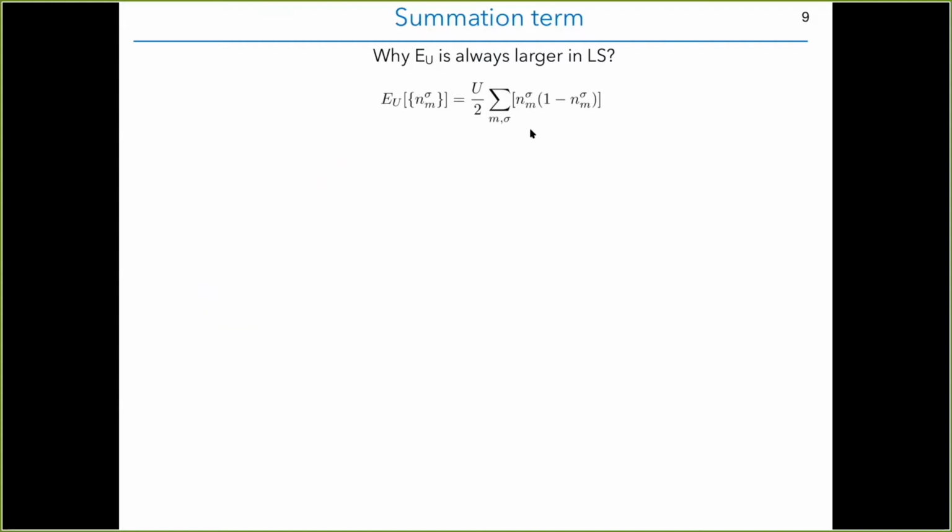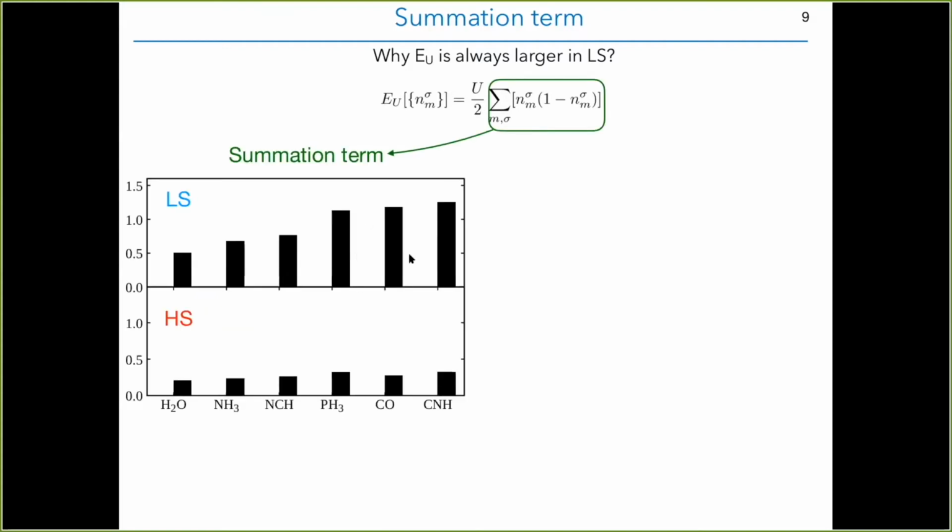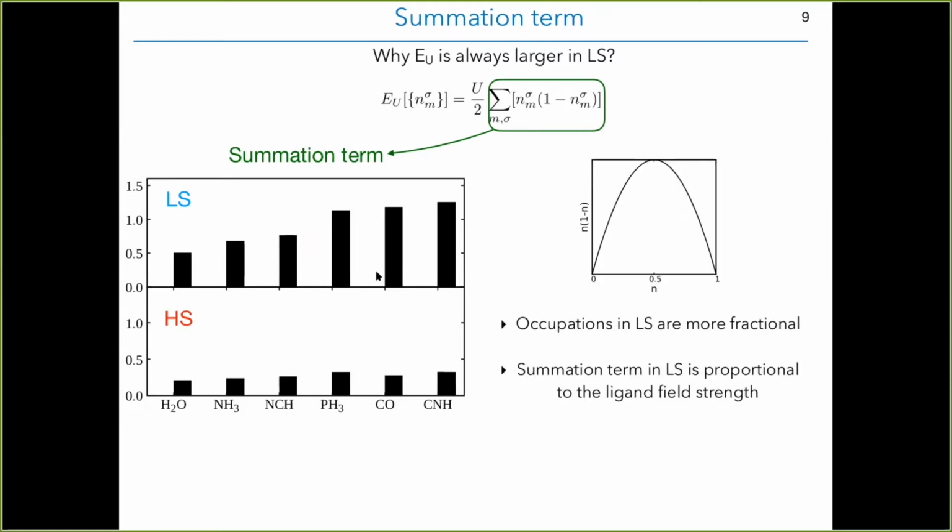Well, by analyzing the expression of the E_U energy, we can see that this unbalanced description of the two spin states arises from the summation term being systematically larger in low spin compared to high spin, and the difference between these two contributions in the two spin states increases with the ligand field strength.